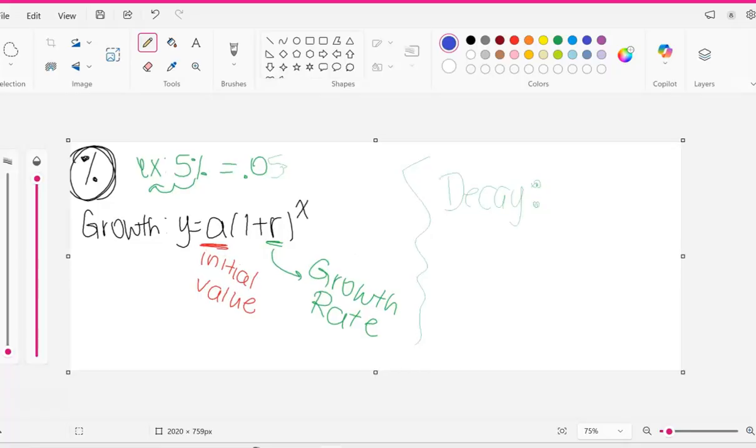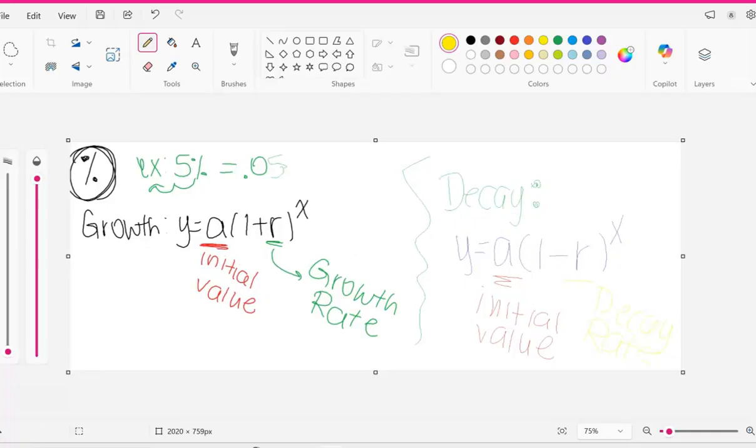The only difference is it's going to say y equals a and then 1 minus r to the power of x. That's the only difference. So the a is still your initial value. And then the r this time will be your decay rate instead of your growth rate.